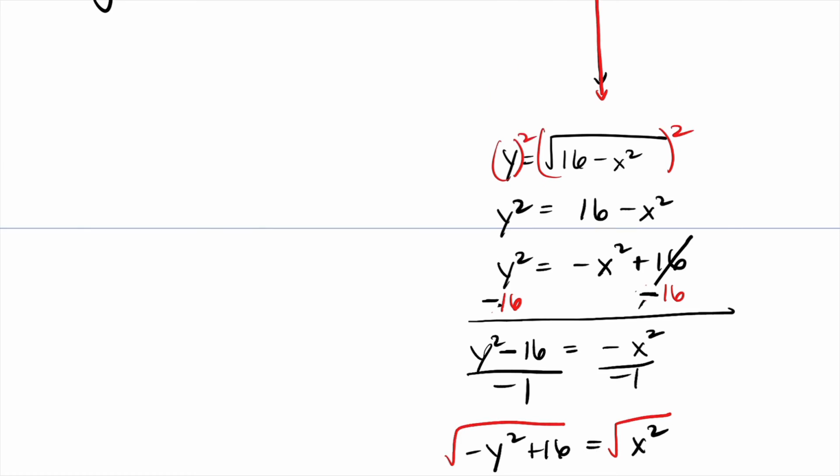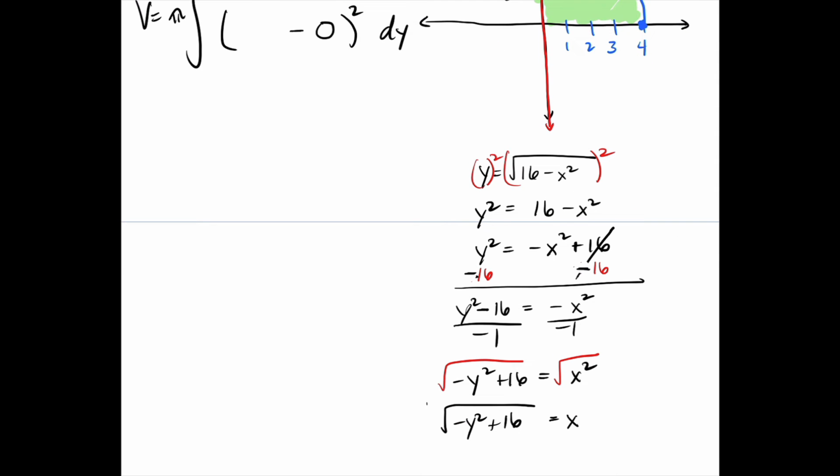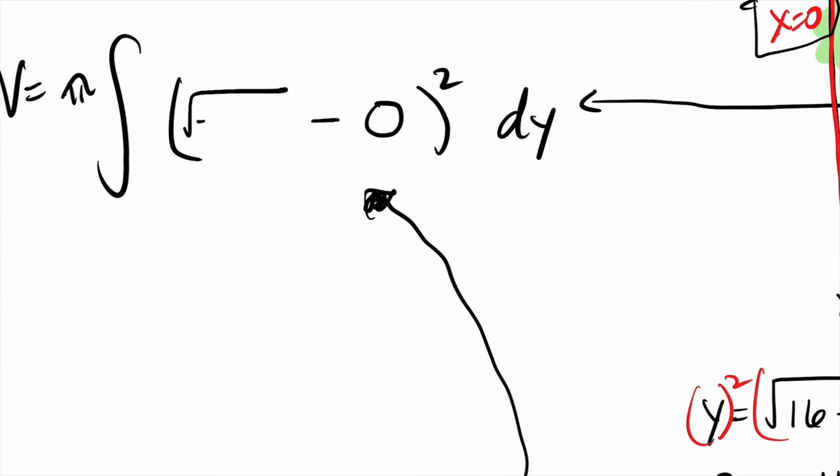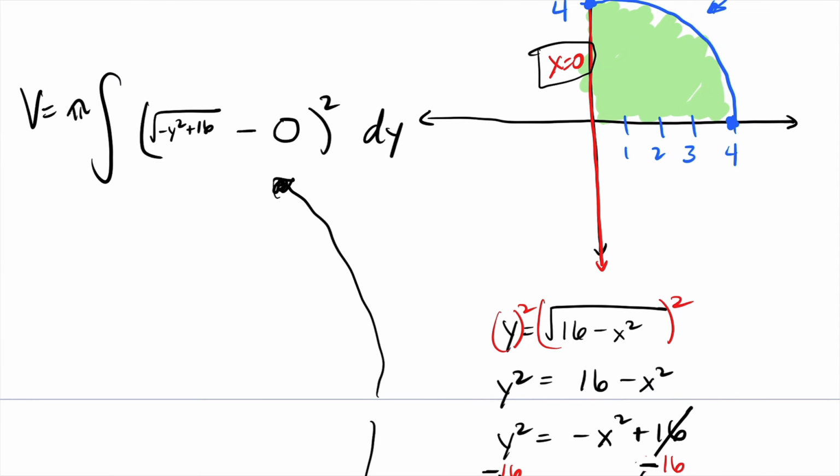That's what's going to go in here. So we have square root of negative y squared plus 16. Okay.